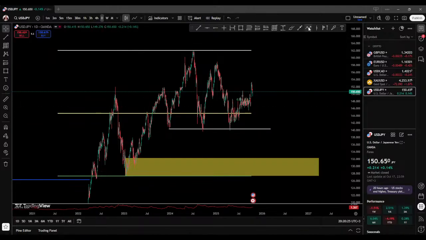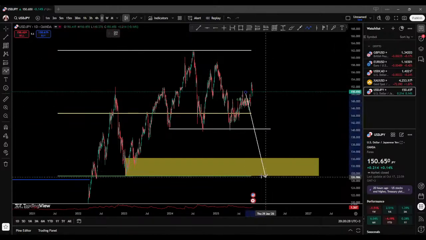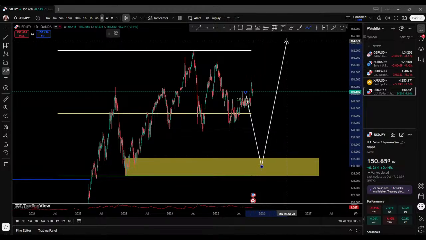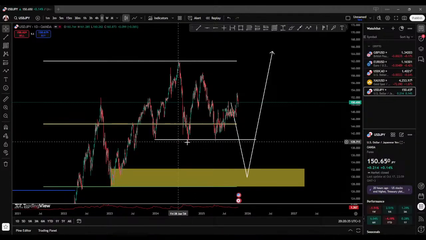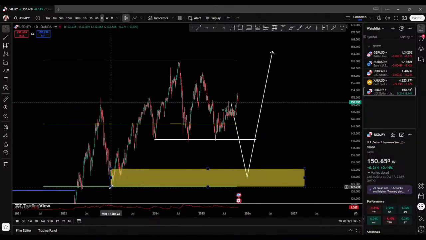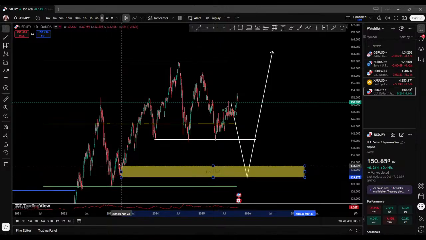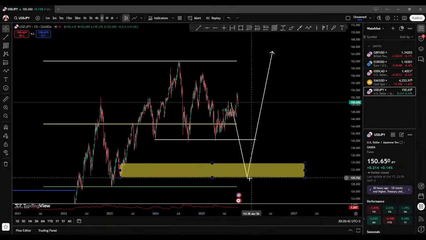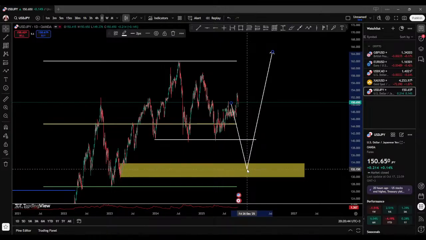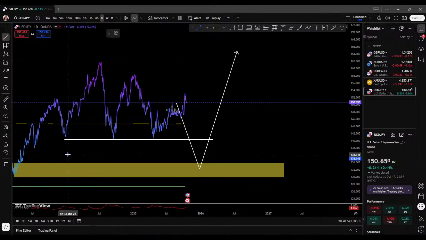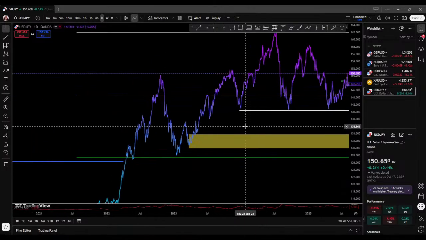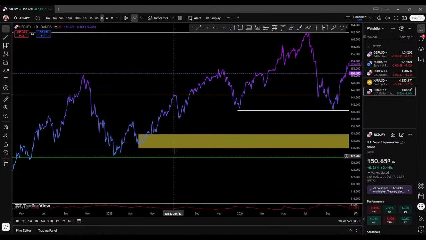So this market must come here to get our main move, the move that will break this structure. So these ones must be taken out so we can get our order block from there, because that is the QML level. If you look at this, you see that is our QML level.